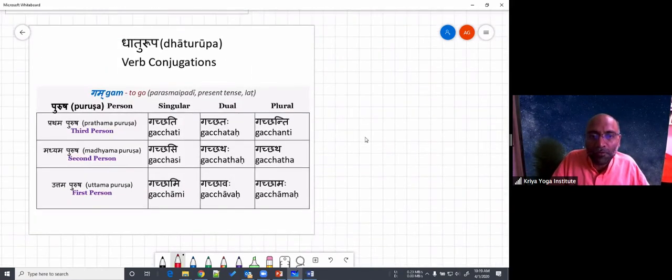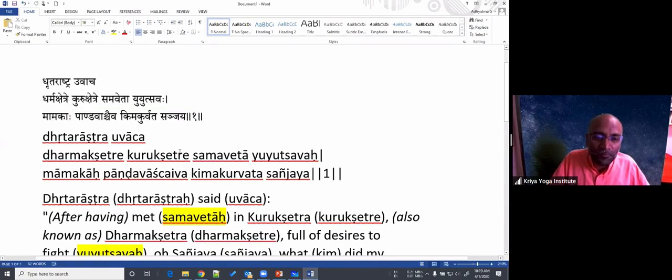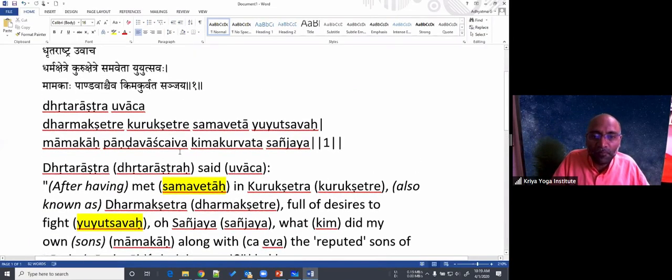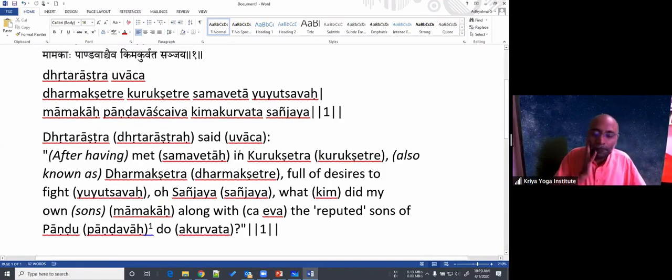For today, what I want to do is take this verse again and identify whether each word is a nominal form, a verb form, or indeclinable. If you can see here, you have the meaning of the words. So Dhritarashtra said.